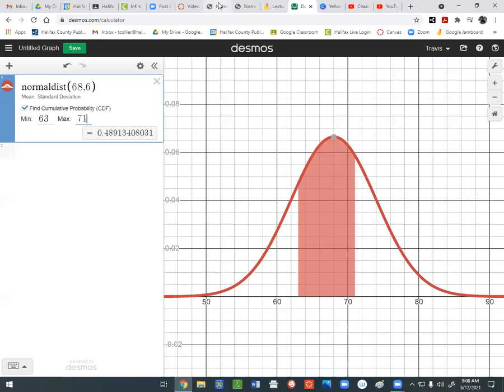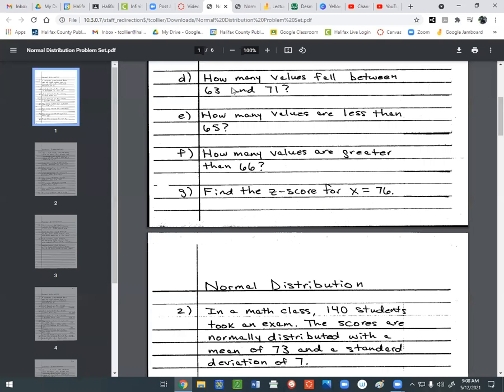So going back to my question, it's asking how many values. When it says how many values, your answer is actually going to be a whole number. So how do I get that? I'm going to take this decimal I got right here, and I'm going to multiply it by how many values I have in total. How many values do I have in total?